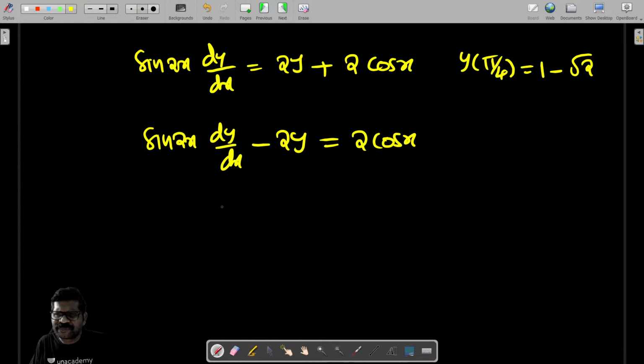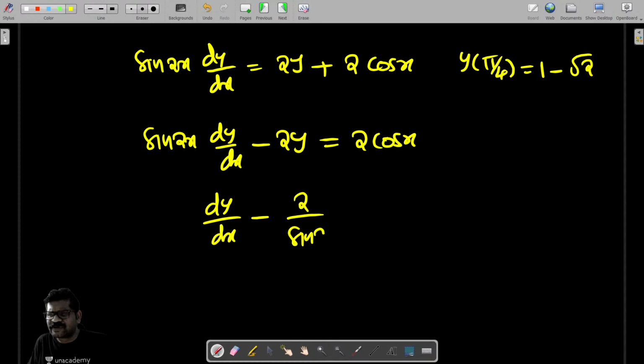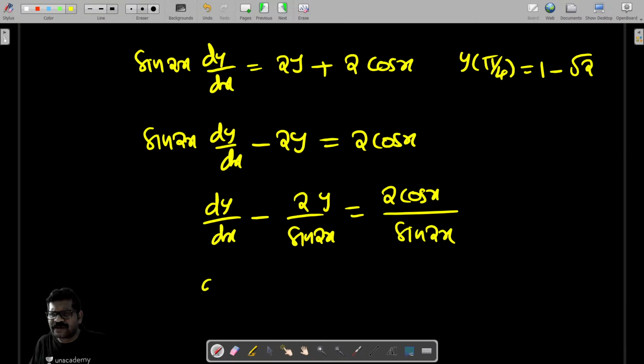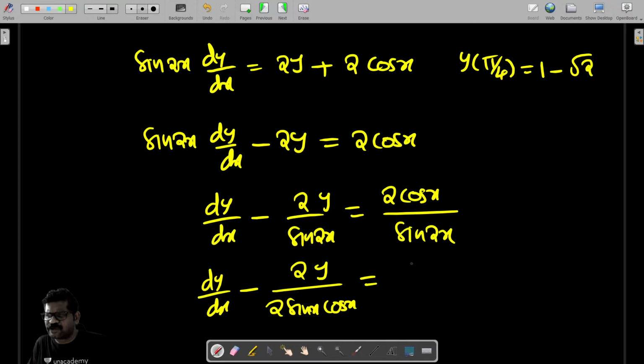This can be written as dy by dx minus 2 by sin 2x into y equal to 2 cos x by sin 2x. That is, dy by dx minus 2 by (2 sin x cos x) into y equal to 2 cos x by 2 sin x cos x.